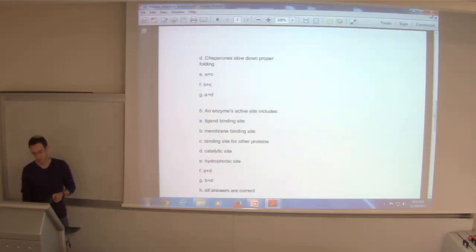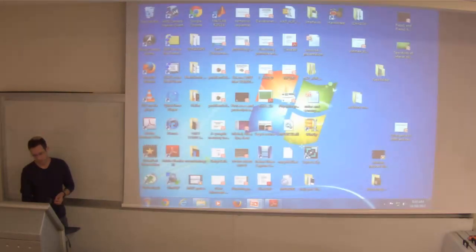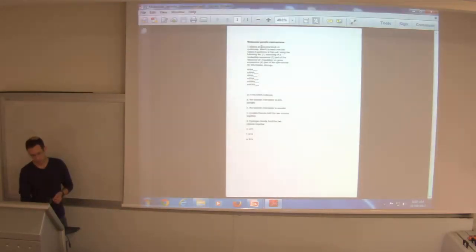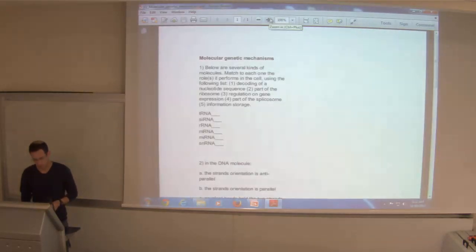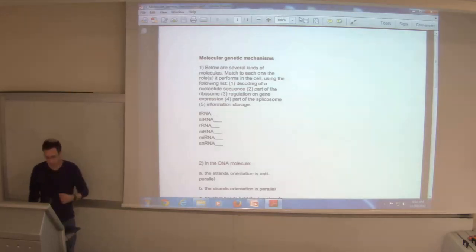Okay, so that's it for protein structure and function. Now just two tiny questions. I think one of them you shouldn't be really able to answer because of the microRNAs. For the molecular genetic mechanisms, a tiny chapter. Number 1, below are several kinds of molecules. All of them are RNA molecules.